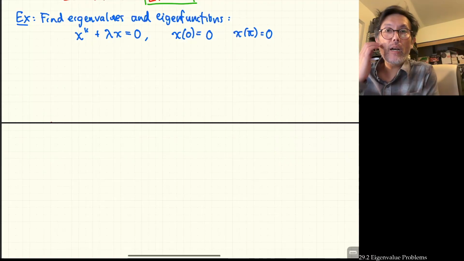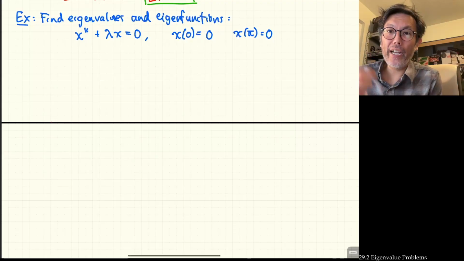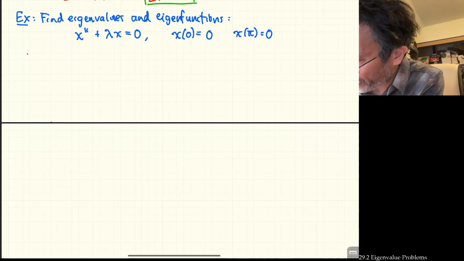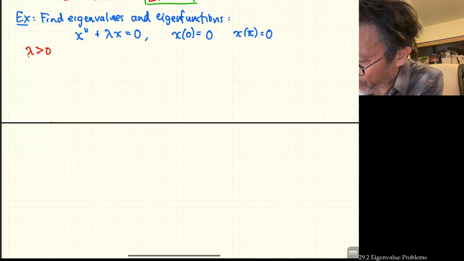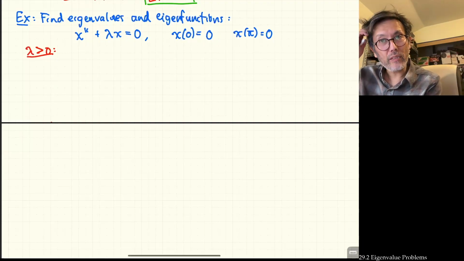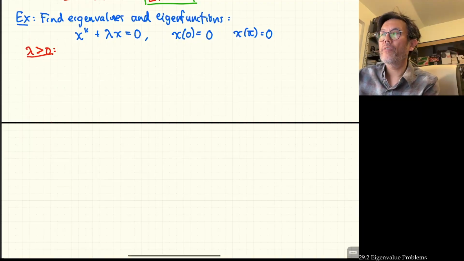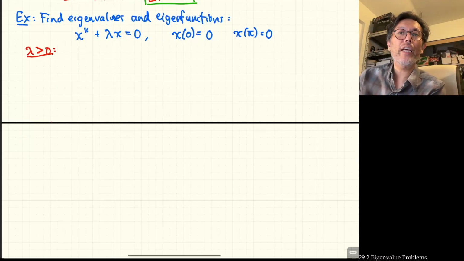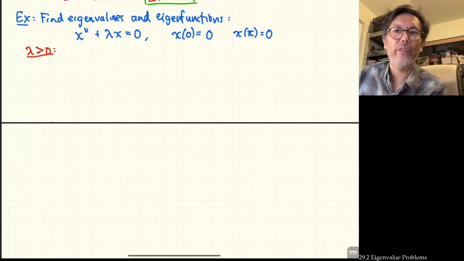We're going to break this down into cases according to the sign of lambda. So let's start when lambda is positive. That's maybe the best case. If lambda is positive, then you can check that the characteristic polynomial is going to have purely imaginary complex roots, and those roots are going to look like plus or minus the square root of lambda times i.